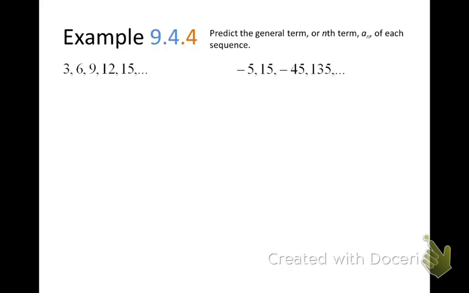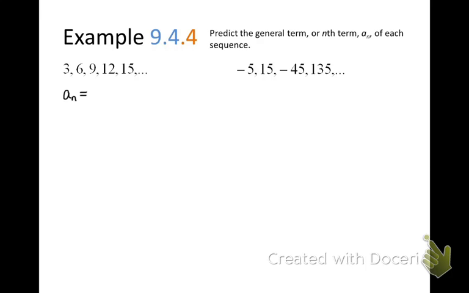So let's kind of do a prequel to what the next couple slides are going to be about. I'm asking you to predict the general term, or the nth term, of each sequence. So if I asked you to find a formula for the next term down the road, how would you do this? So let's first do, this is where recursive is better, right? So if I said I wanted to find a sub n, how could you tell me to use the previous term?